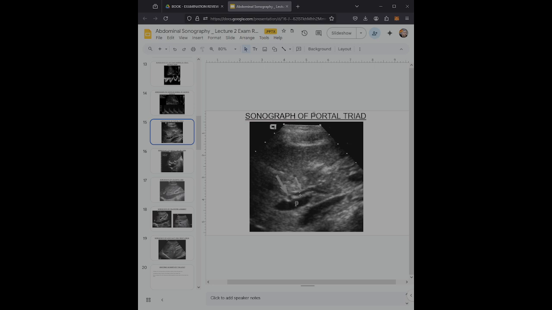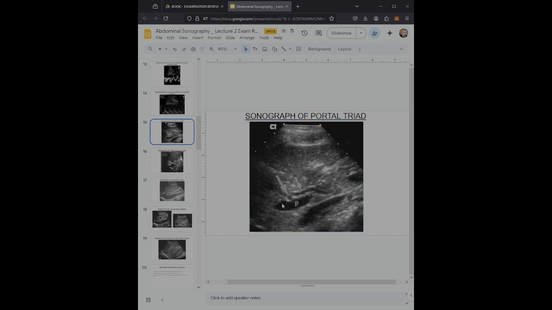So we can find the portal triad on a sonogram, and it would show up with your portal vein being the largest in profile, with your common bile duct being anterior to your portal vein, and the hepatic artery being anterior to the portal vein, but still posterior to the common bile duct.